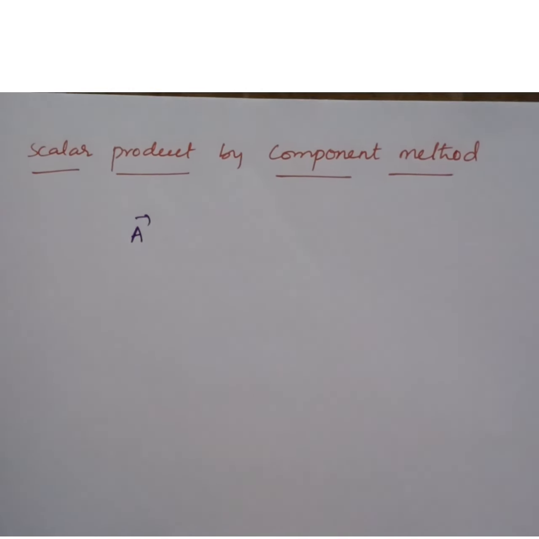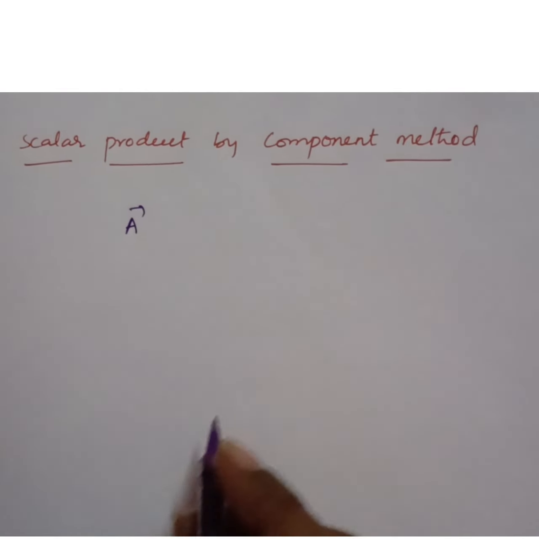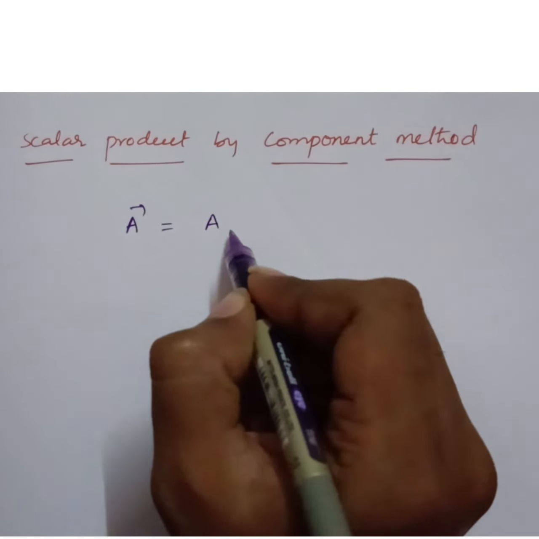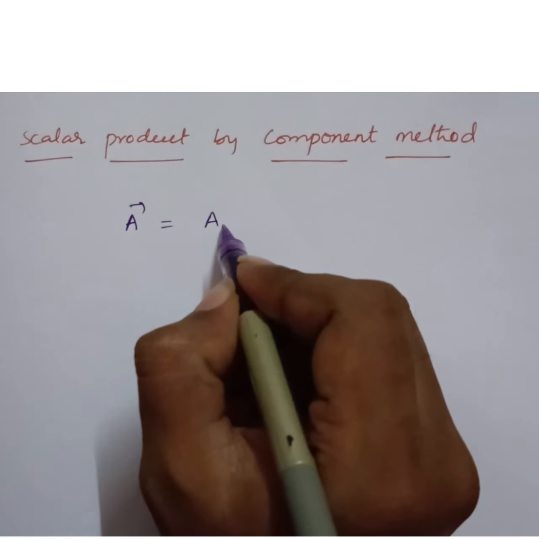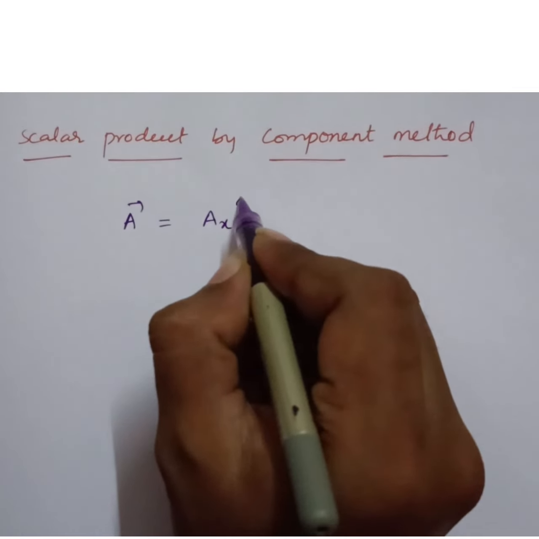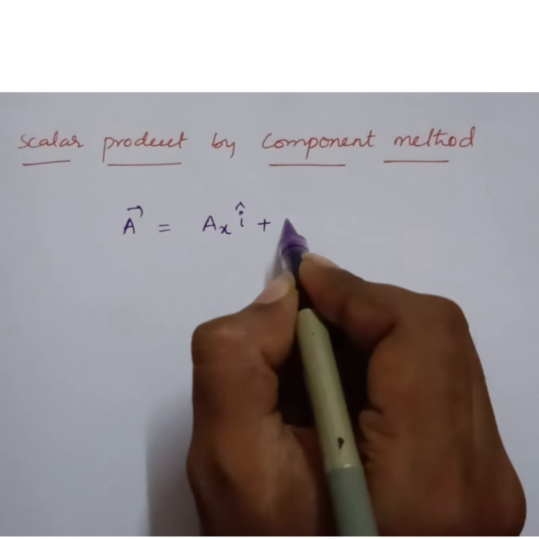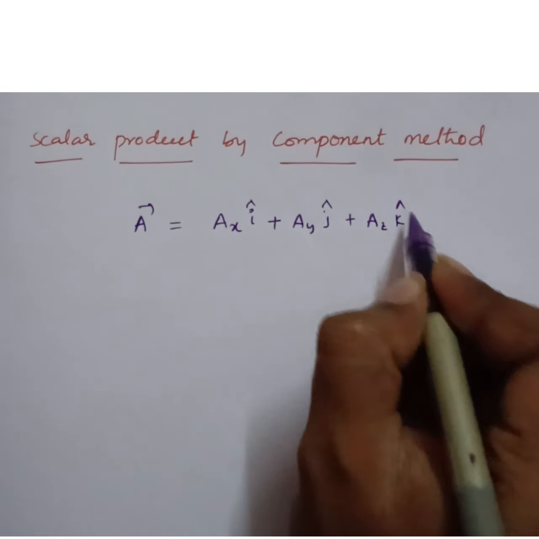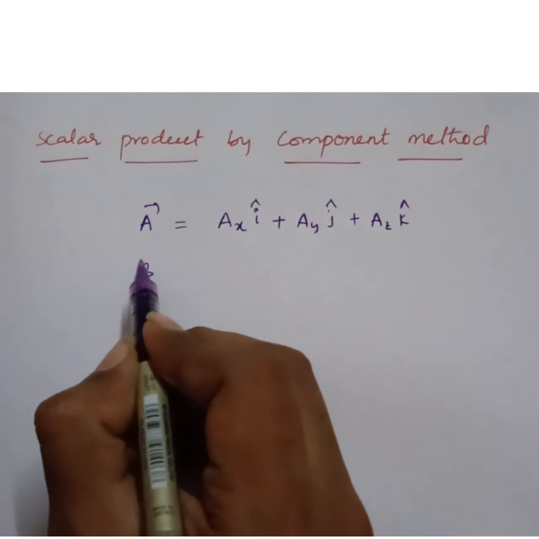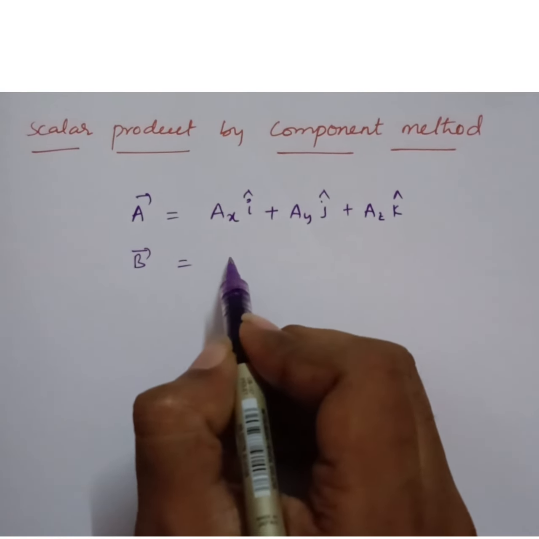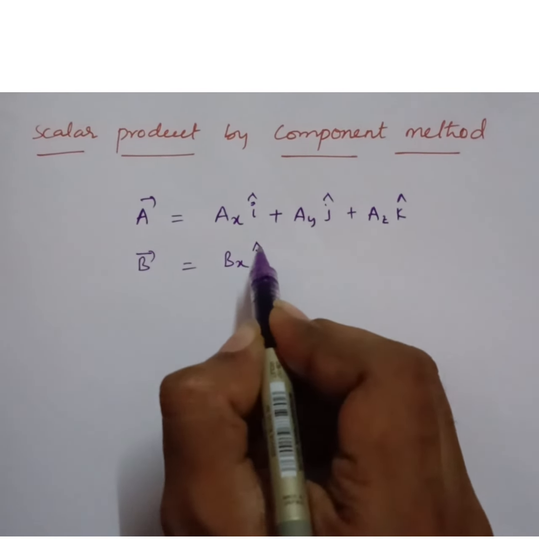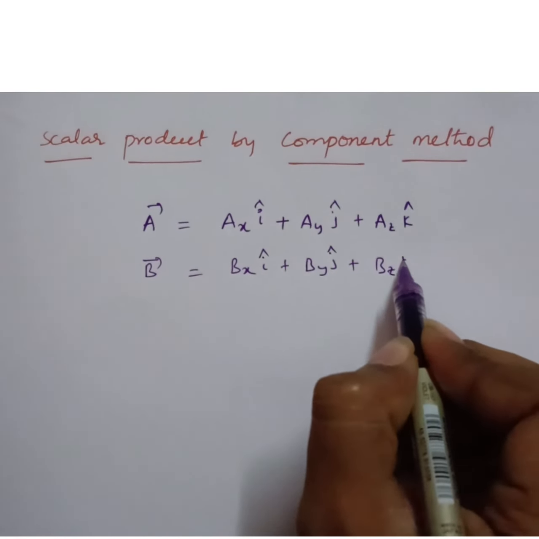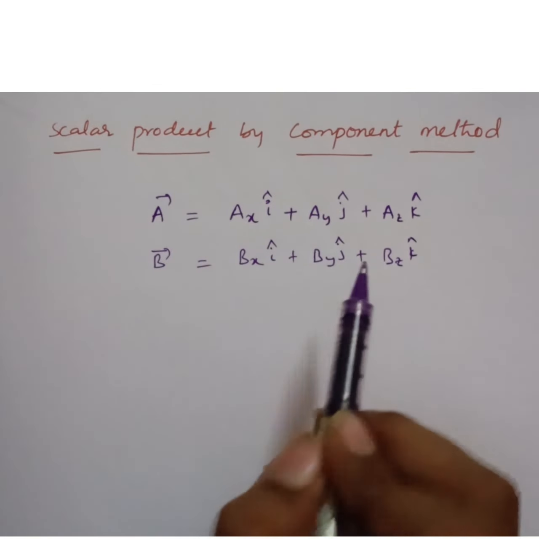Now, scalar product by the component method. Now if you have a vector A bar, it can be defined as Ax I cap plus Ay j cap plus Az k cap. Another vector B bar equals Bx I cap plus By j cap plus Bz k cap, with I, j, k along x, y, z.